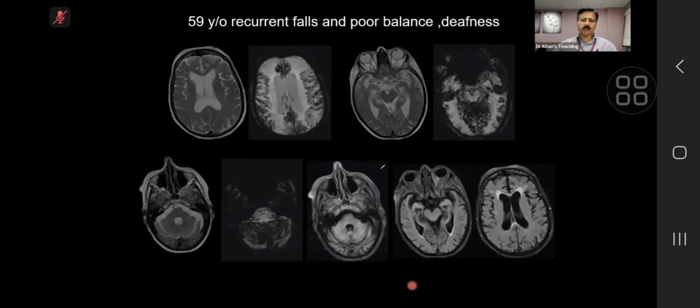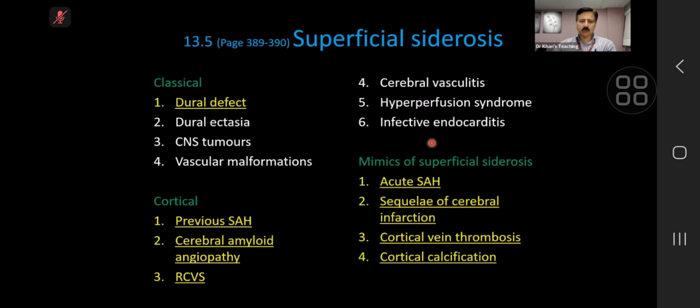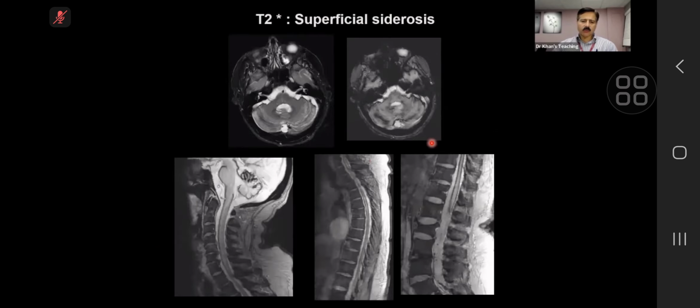This case, I'm just going to tackle it myself. Sometimes there is a condition we call siderosis, where a patient has chronic subarachnoid hemorrhage, maybe post-traumatic, at times because of vascular malformations, or even at times tumors.